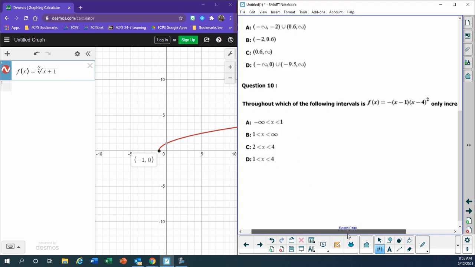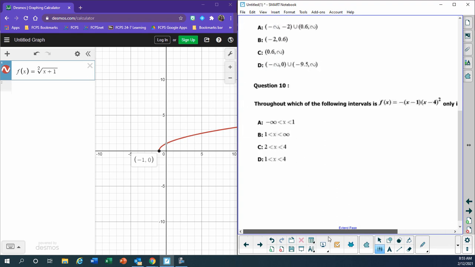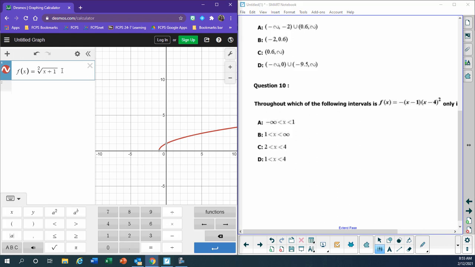All right, which of the following intervals is only increasing? So again, I have another function. So you just come here, f of x is right there. So I'll put negative, open parentheses x -1 close parentheses, open 1 x -4.